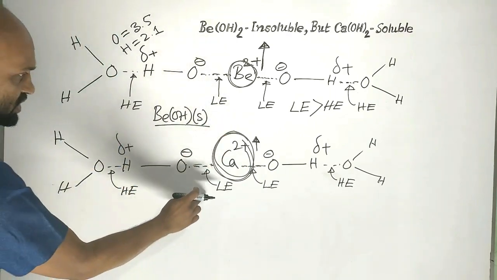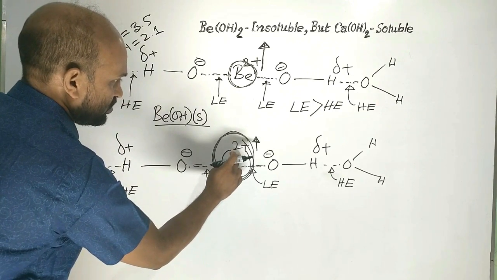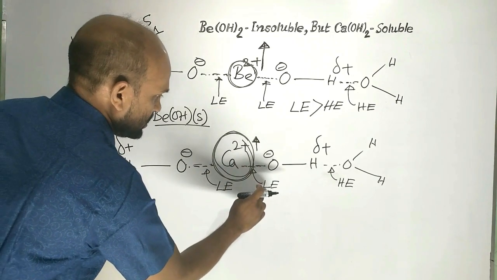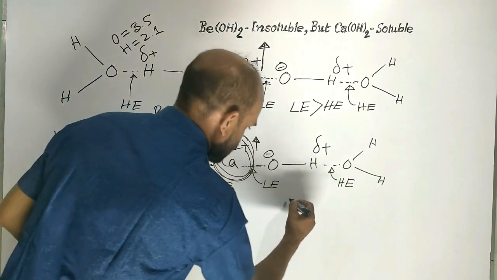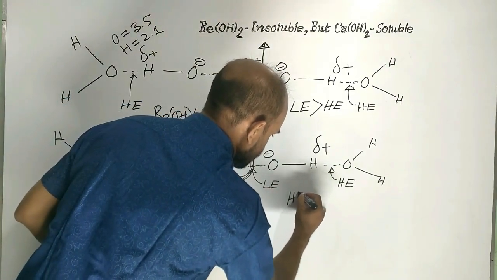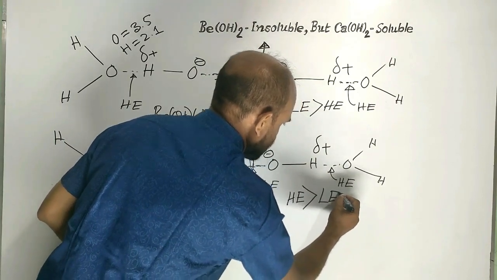Now, in case of calcium hydroxide, charge density is comparatively lower, so lattice energy will be lower here. That is, hydration energy in this case is higher than lattice energy.